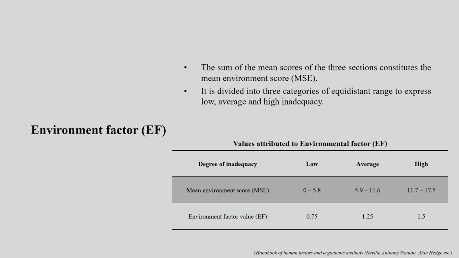Now, coming further in environmental factor, the sum of the mean score from bathroom plus your toilet plus your ward. The sum of the mean scores of the 3 sections constitutes the mean environmental score or MSE, and it is divided into 3 major categories, that is low, average, and high, and the environmental factor value is this.